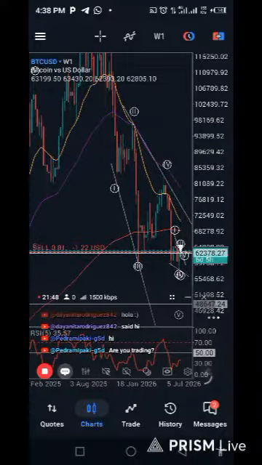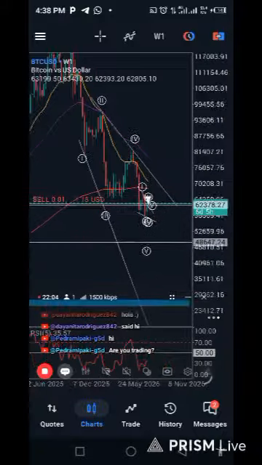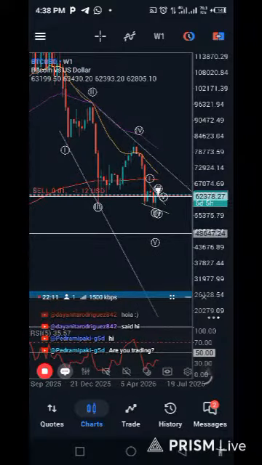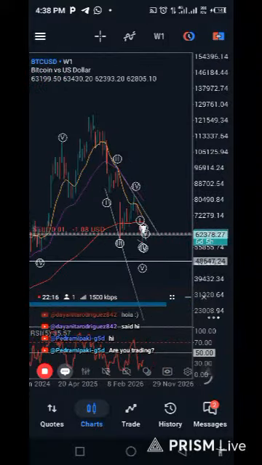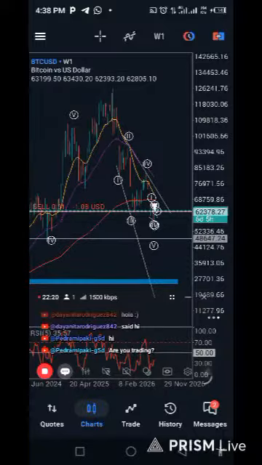You can see it has been a downtrend for some months, forming a higher low, lower low, higher low, lower low, like that. At the top of this trade, that was where the trade ended.